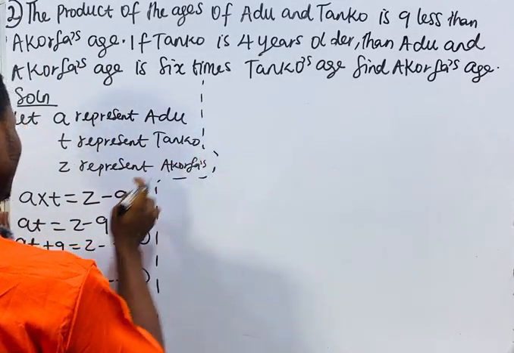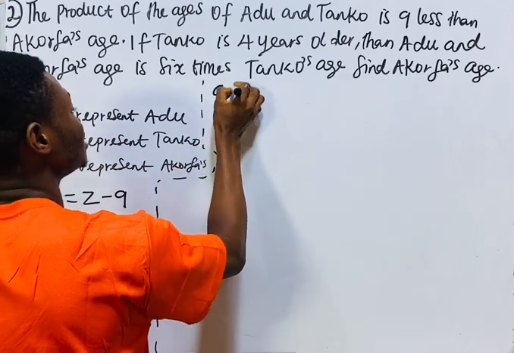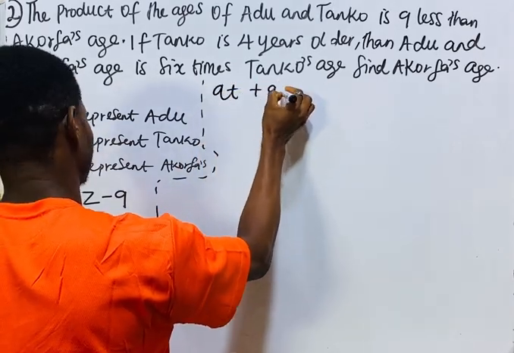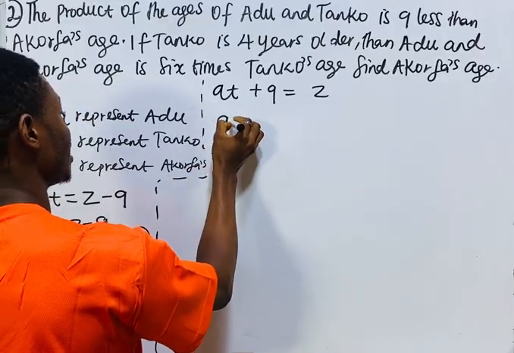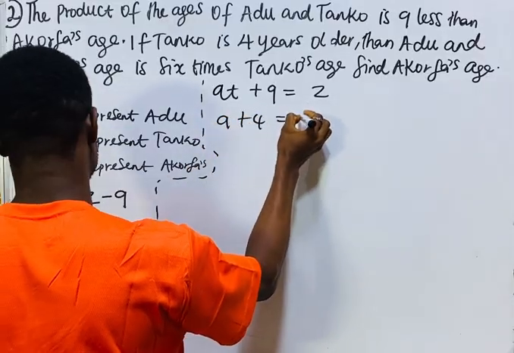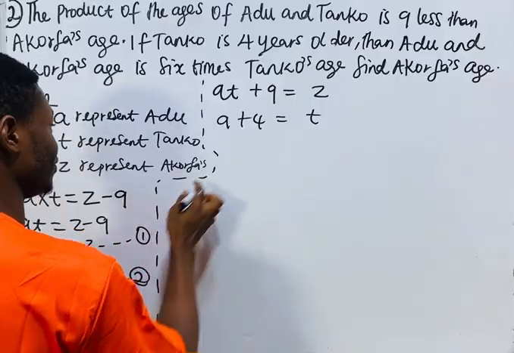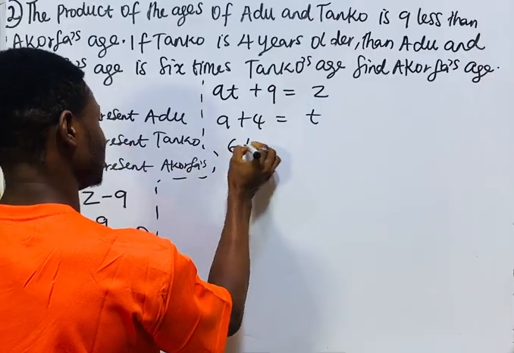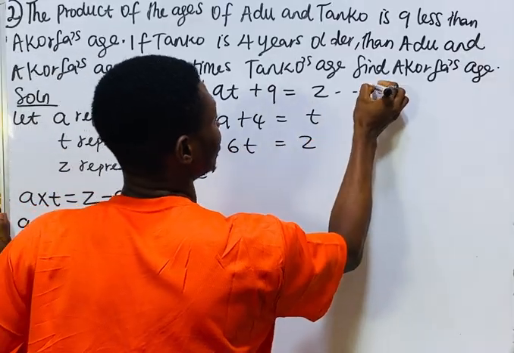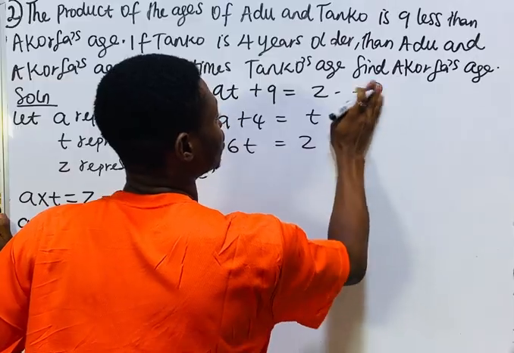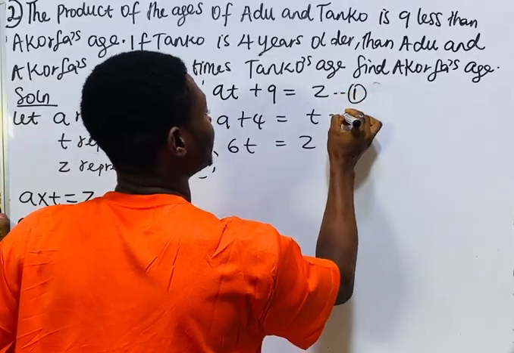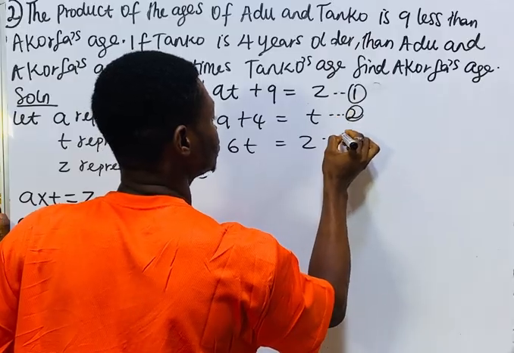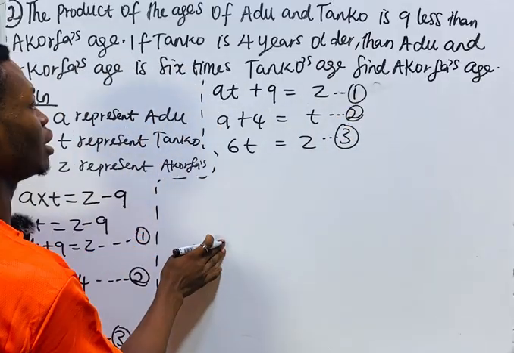So now we are going to bring out equation 1, which is AT plus 9 is equals to Z. We have this one, A plus 4 is equals to T. We have this one, 6T is equals to Z. So we have equation 1, 2, and 3. So how can we solve this?